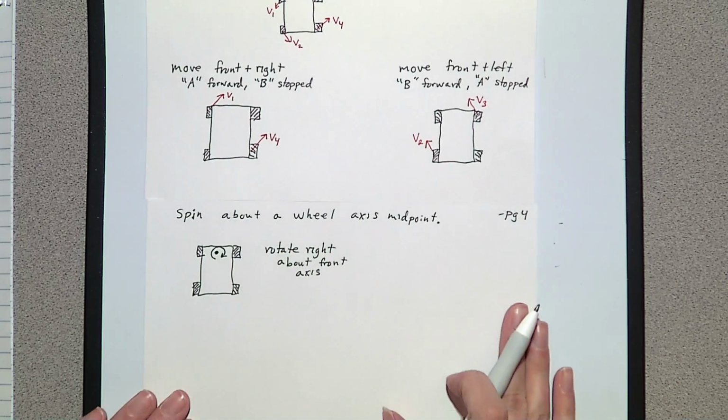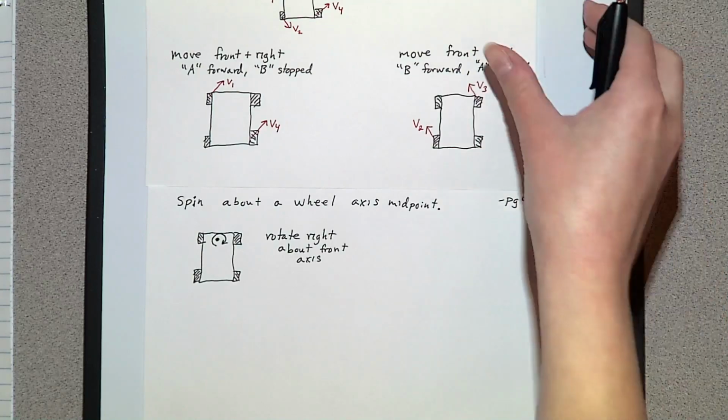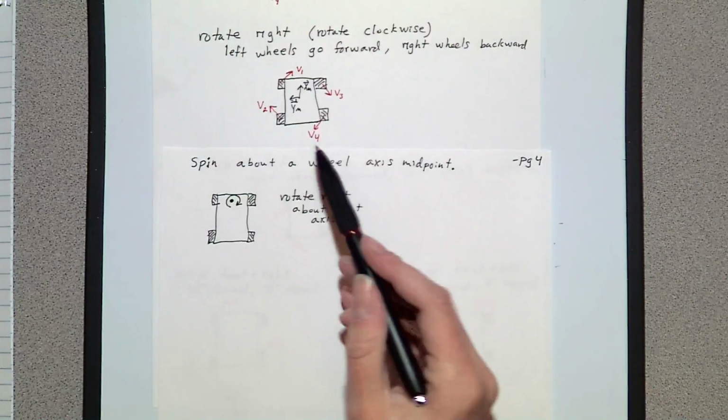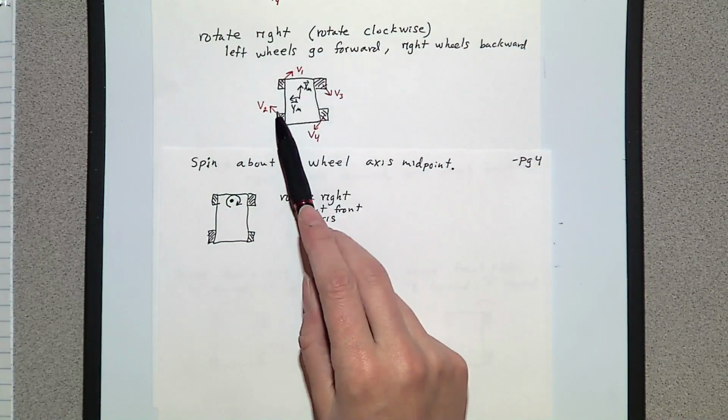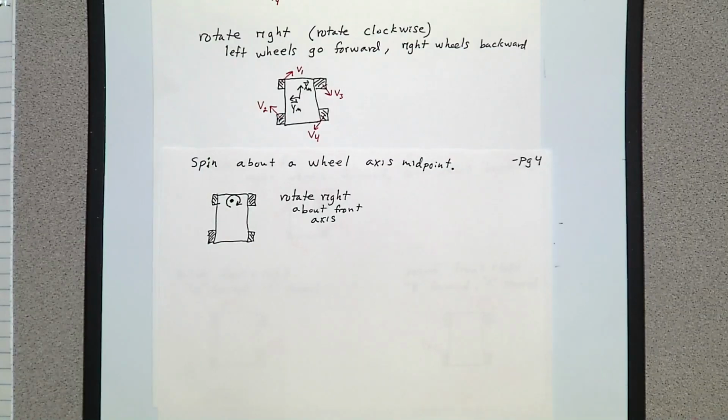So what you do is you look at how you rotated right for all four wheels. So here we had the left wheels going forward, the right wheels going backward.